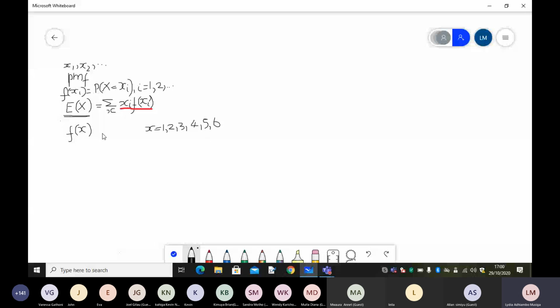These are the x_i's, the possible outcomes. When we toss the die, we can get a face numbered 1, another numbered 2, another numbered 3, another numbered 4, and so on.